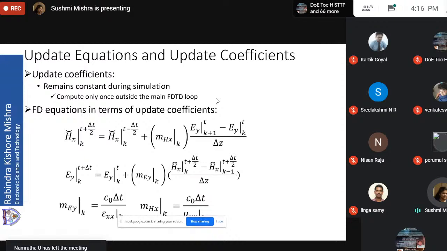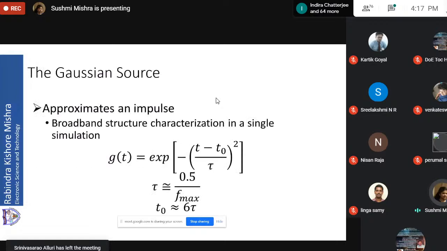The last line gives those two equations for material coefficients, mEy and mHx. Those two are calculated earlier, before we go to the FDTD loop. Next. So that we will use in the FDTD formulation.